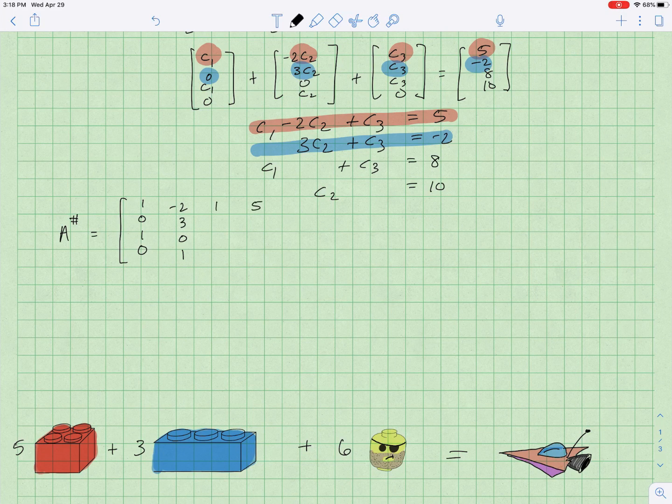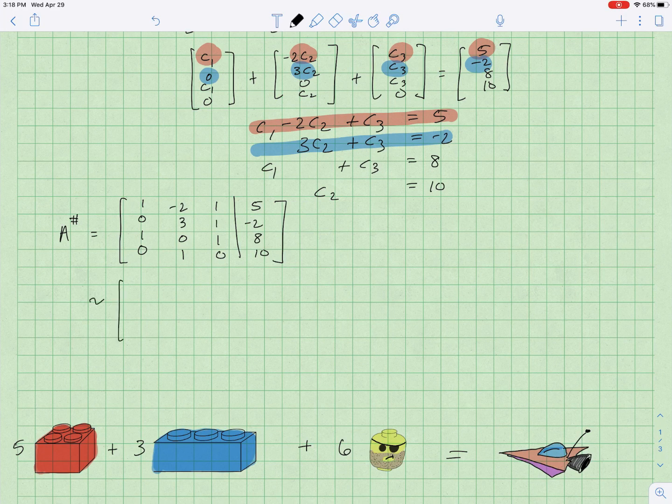The second row is 0, 3, 1, -2. The third row is 1, 0, 1, 8. And the last row is 0, 1, 0, 10. There are a couple of different ways we could solve this. One is a straight row reduction, or we could use a determinant here. Let's go ahead and just do some old school row reduction.